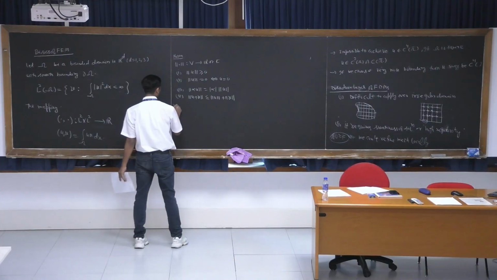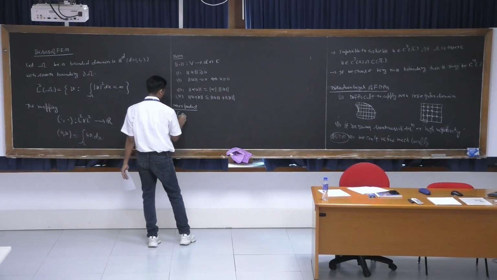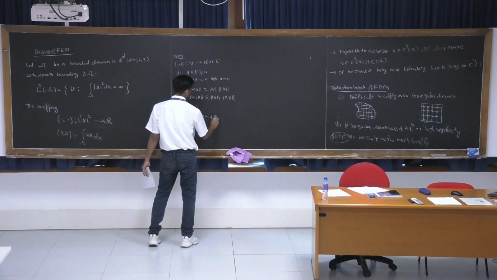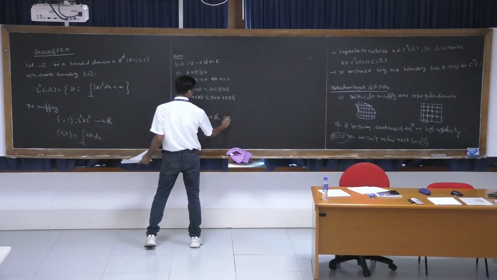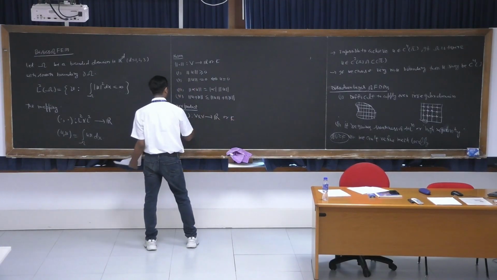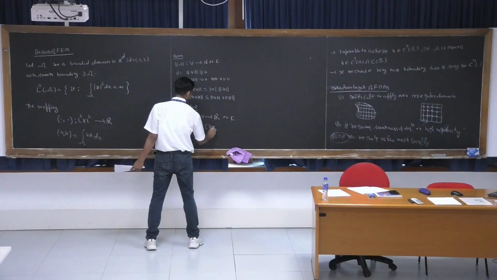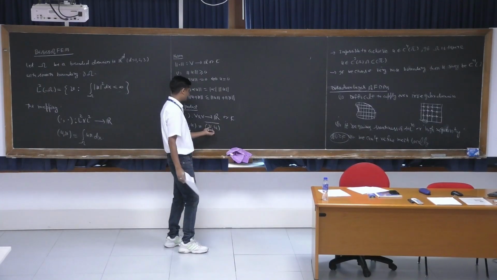Second definition, inner product. Again the same thing. This is the inner product from V cross V to R, or C. If it is C, then we take the conjugate, otherwise this is fine. The first property: the inner product of u and v is equal to the inner product of v and u. If it is not complex, then this is fine.